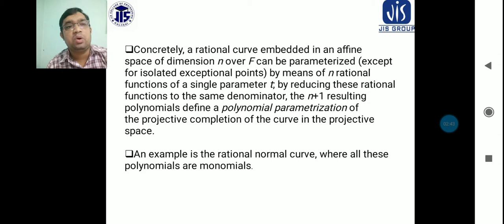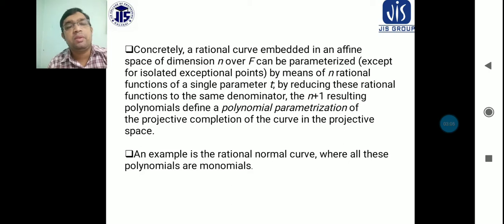The n plus 1 resulting polynomials define a polynomial parameterization of the projective completion of the curve in the projective space. An example is the rational normal curve, where all these polynomials are monomials.